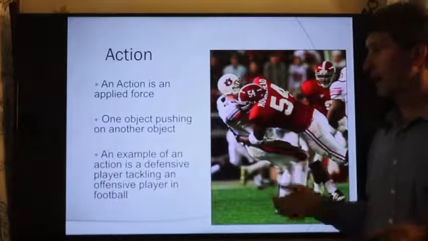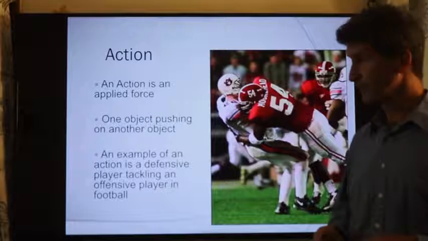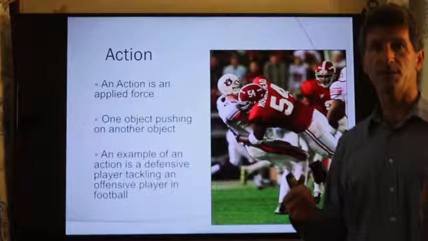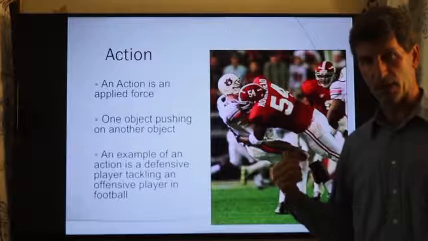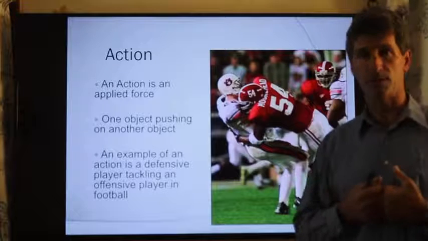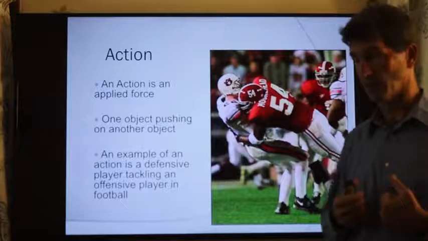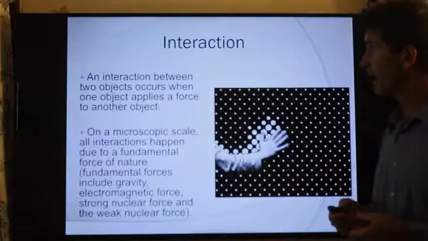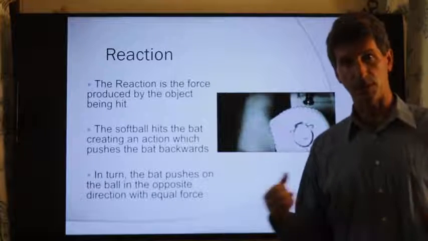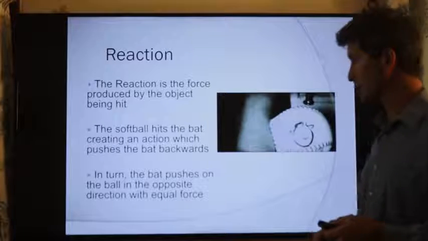So again, an action would be any applied force, and when two objects come in contact, if we think microscopically about what's happening, one surface is pushing on another surface, they're repelling on the microscopic level because of their electrons, and that produces a reaction, and because it's repulsive, it's going to be in the opposite direction.